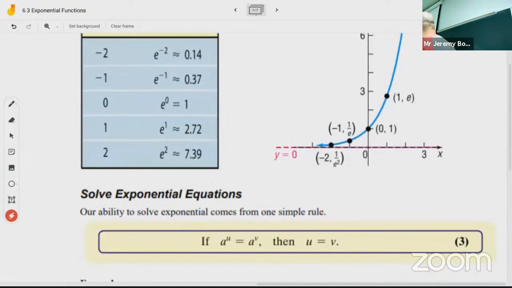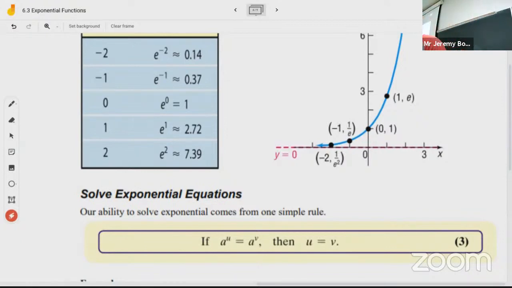So let's talk about solving exponential equations. This is kind of what I was leading up to this whole time. We want to talk about exponential functions and what they can be used for, but the main thing I was trying to focus on is getting to this, solving exponential equations. It's difficult for us to solve exponential equations if you haven't done it before, because it's just like, how do I get the variable out of the exponent?